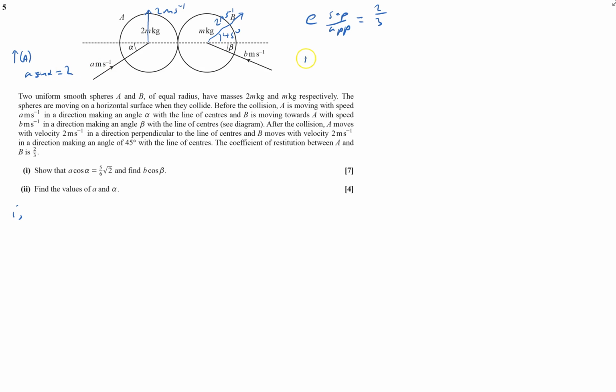And I can do the same thing over here for B, again looking upwards, that says that B sine beta, that's that bit here, B sine beta equals 2 sine 45. And sine 45 is root 2 over 2, so that will equal root 2. So it's done the first bit.